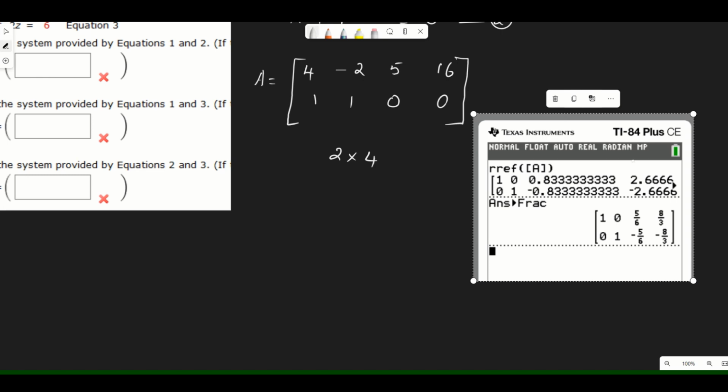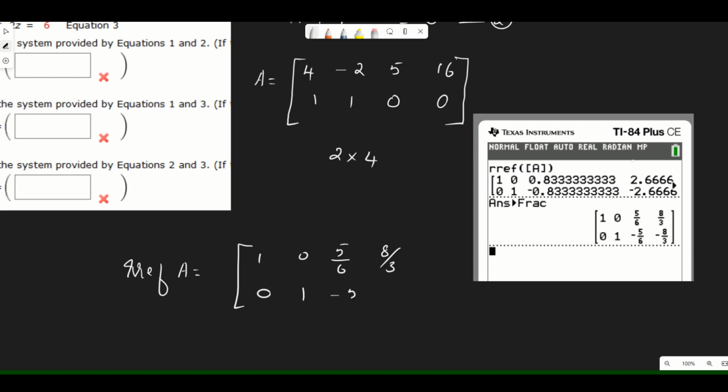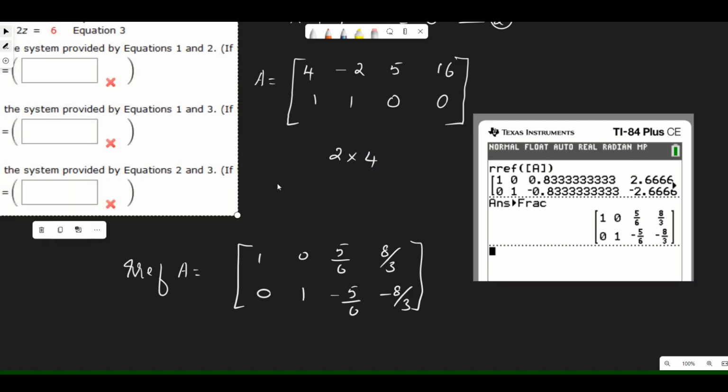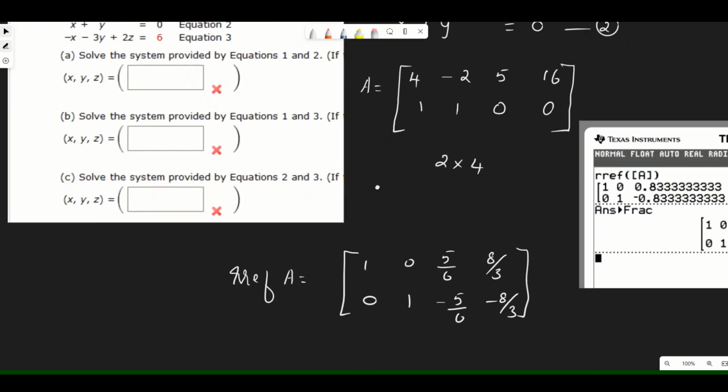So the reduced row echelon form of the matrix A is 1, 0, 5/6, 8/3, and then you have 0, 1, negative 5/6, negative 8/3, and 16, 6.